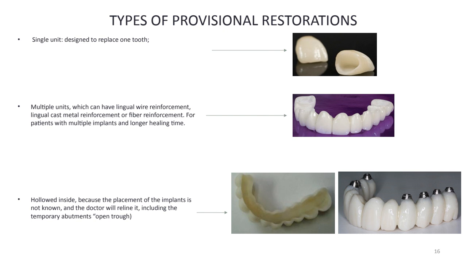If we look at the two pictures on the bottom of the slide, we can see the open shaft or the shell of the provisional restoration before the implants are placed, and after the surgery where the implants are already placed, and the doctor relines the temporary restoration over the temporary abutments. So this is ready for insertion.